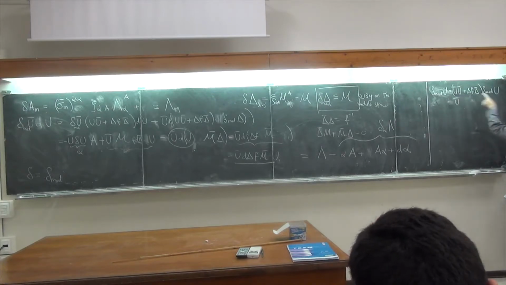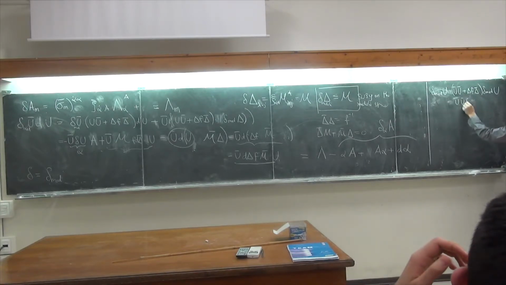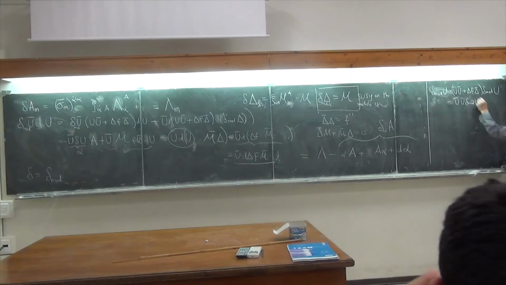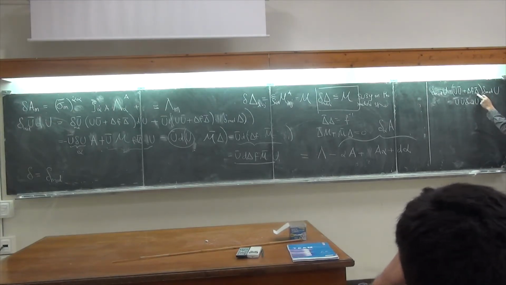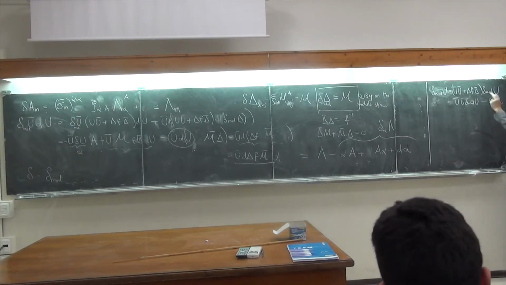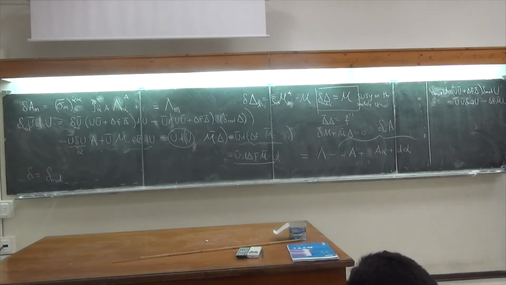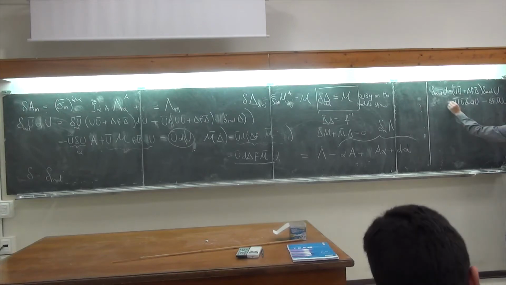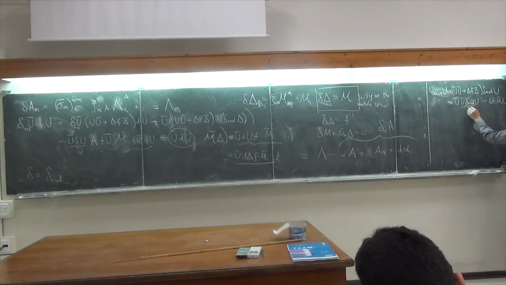This is U times this quantity, U bar delta mod of U minus, I pass here, delta F in bar U. Then this quantity here I call alpha.